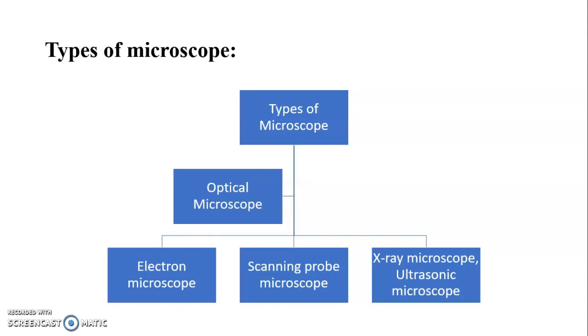Then we will see the working of this optical microscope. The illuminating light beam is transmitted through a specimen before forming its image. The image is formed by contrast between different features of the specimen depending on the illuminating source.